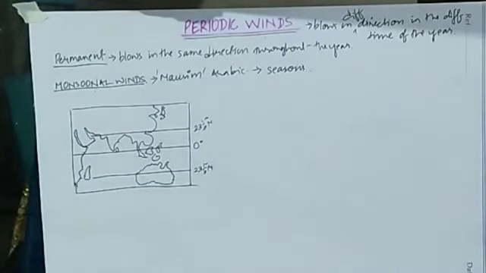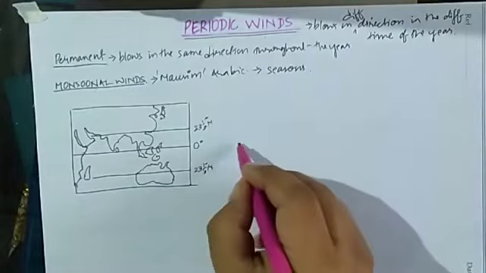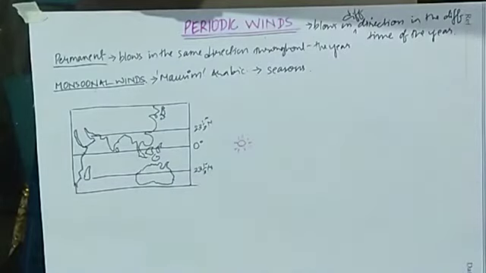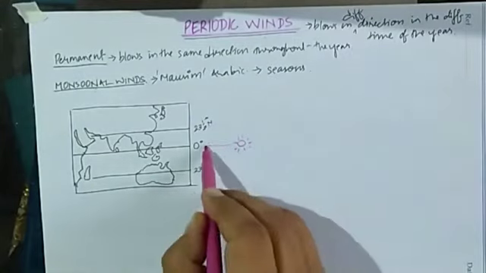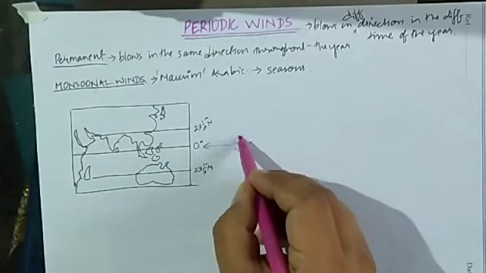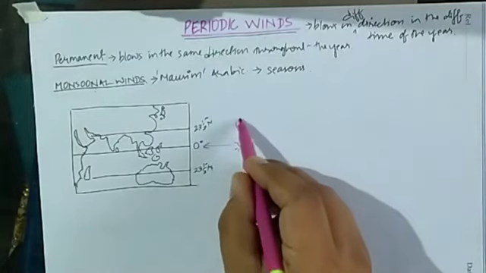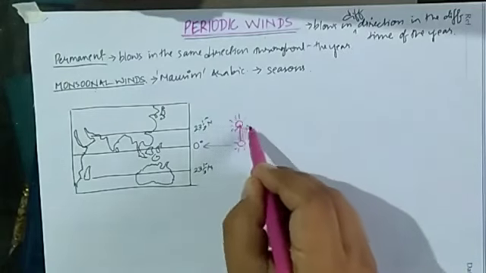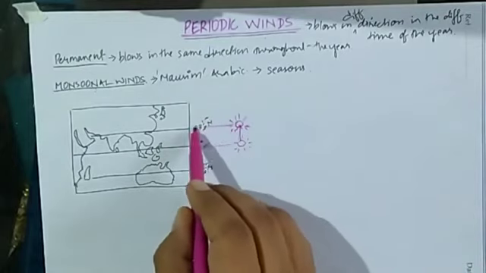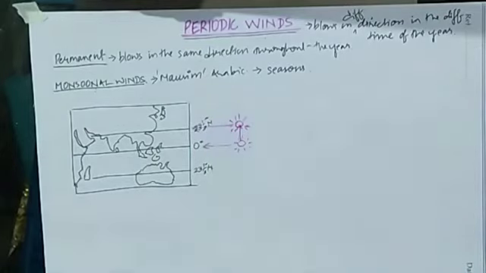Now, as we have learned the apparent movement of the sun, when the sun is at the equator, the low pressure is forming here. But slowly the sun will shift towards the Tropic of Cancer, shining vertically over the Tropic of Cancer.